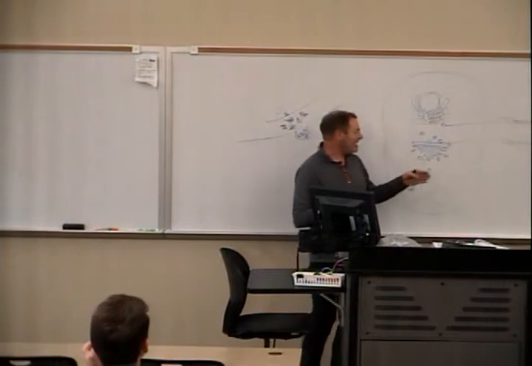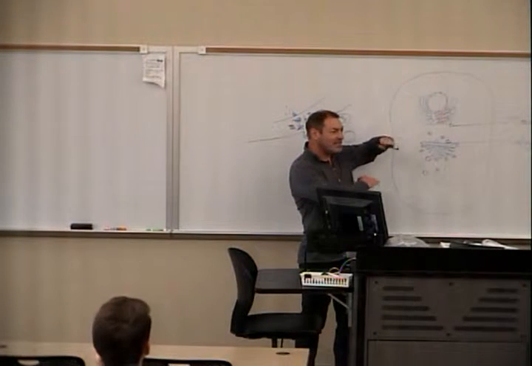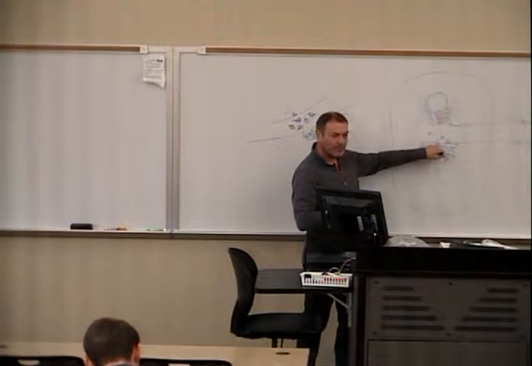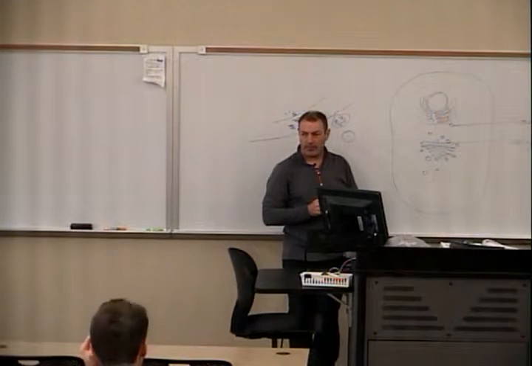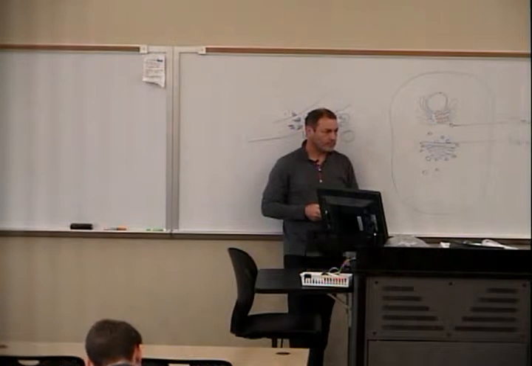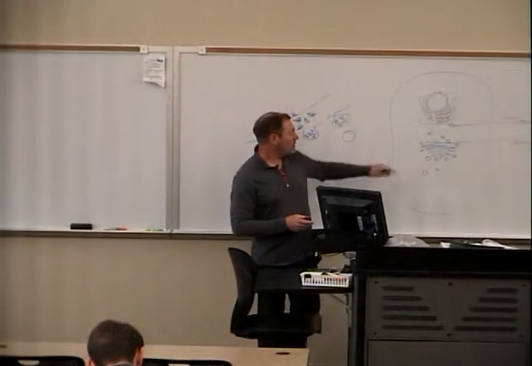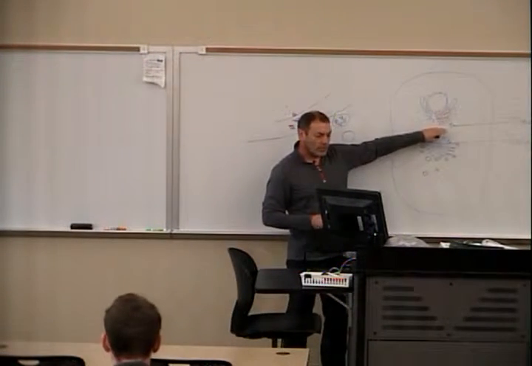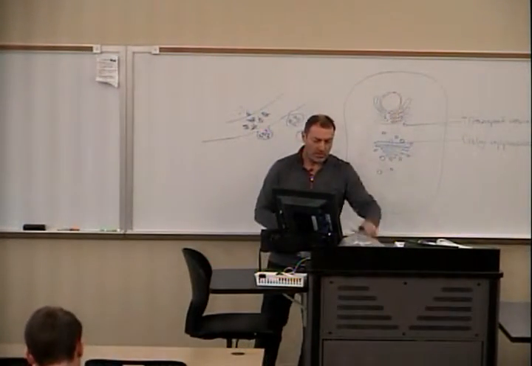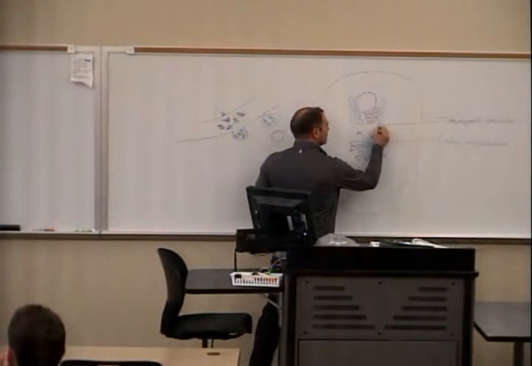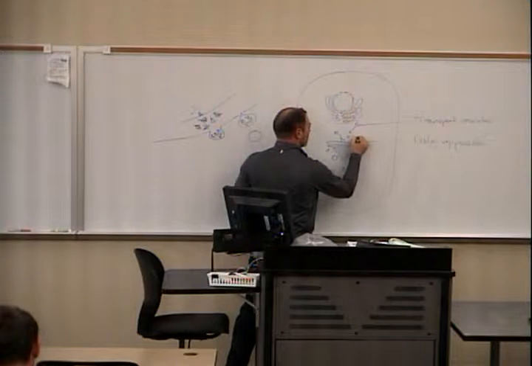So it bears a resemblance to the endoplasmic reticulum. It's these flattened, stacked sacs that also form cisternae. Okay. Transport vesicles from the ER move from the ER to the Golgi. So substances that are made on the ER are transported to the Golgi apparatus.